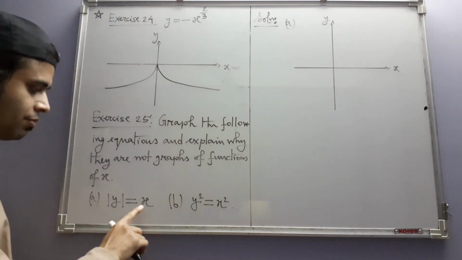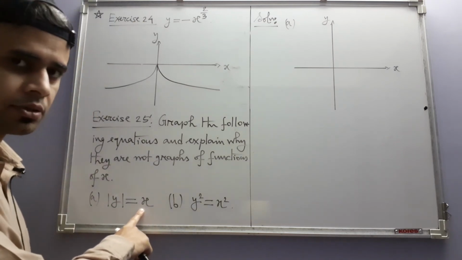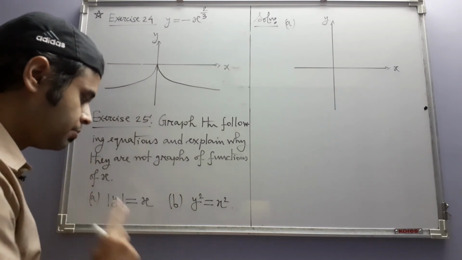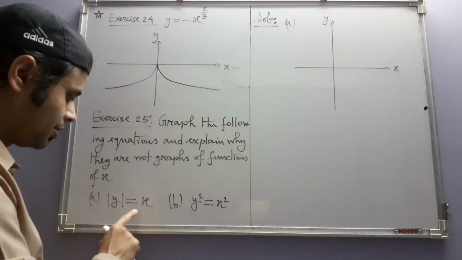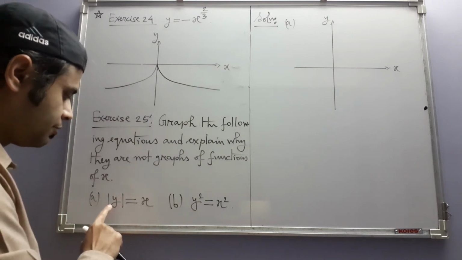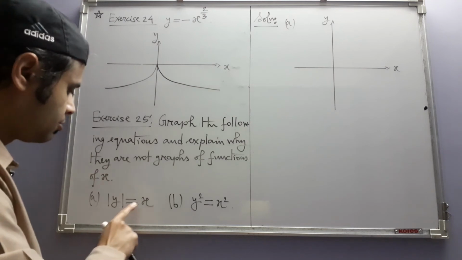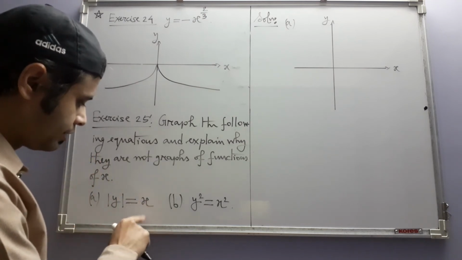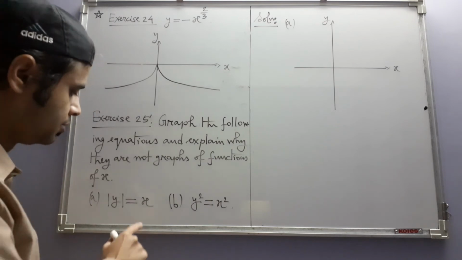For a given value of x, we can of course, oh but wait, we cannot put any value of x because x has to be the absolute value of something. So x cannot be negative, x can either be 0 or positive.